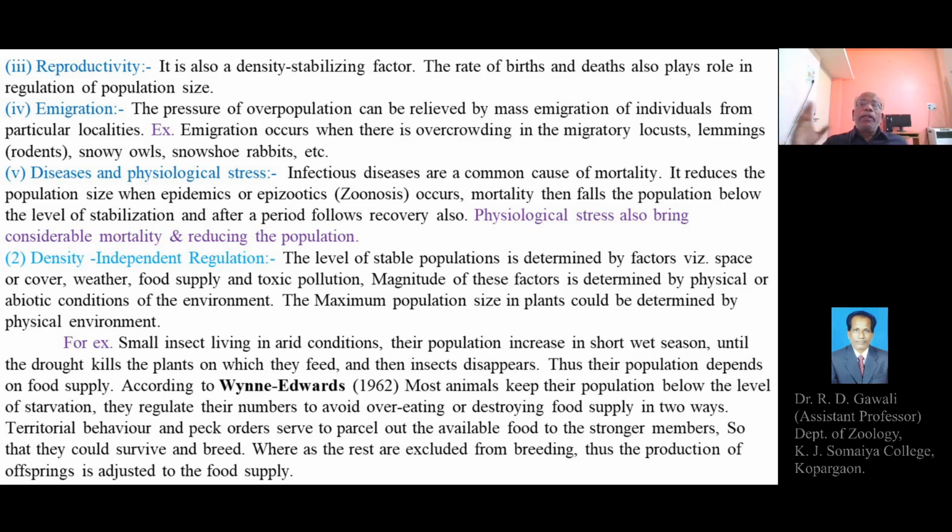This is the outward movement of the migratory organisms from the respective habitat so as to avoid overpopulation. So emigration can also be responsible for the increase or decrease of the population size or the population regulation.